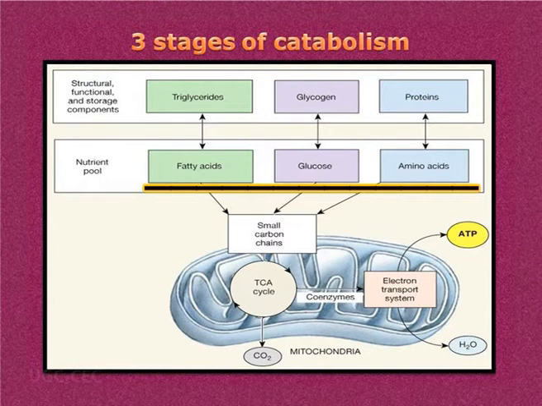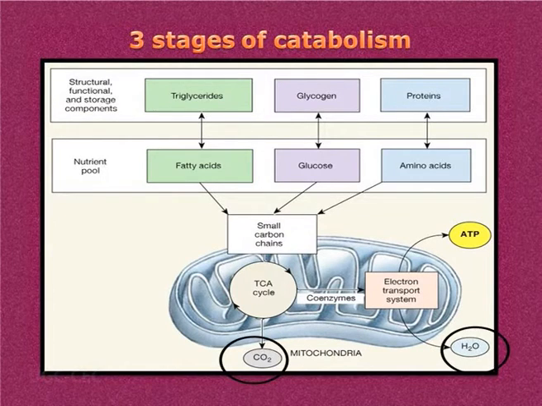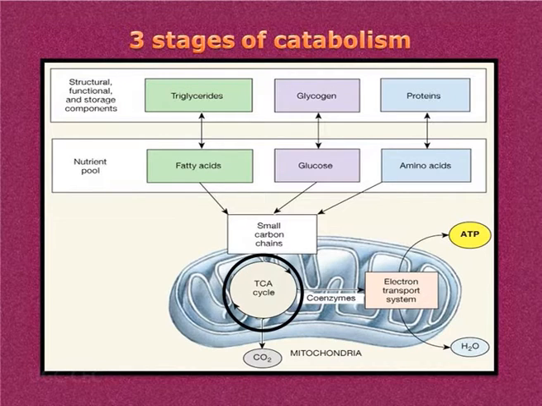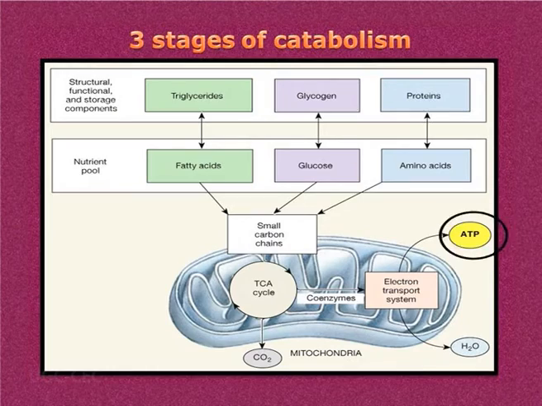These are then further degraded into still simpler intermediates. One of them is pyruvic acid, another is acetyl-CoA. These two are then converted to carbon dioxide and water through the intermediacy of TCA cycle, electron transport system and oxidative phosphorylation, whereas the free energy released is conserved in the form of ATP.